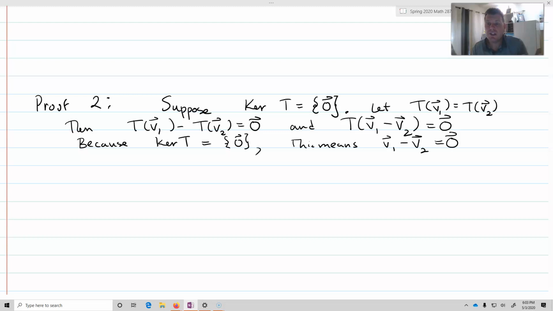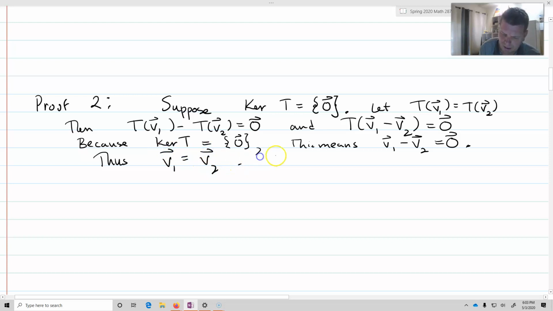So what's the upshot of that? Thus v1 equals v2, and that's our definition. We started out with T of v1 equals T of v2, and then we showed that v1 equals v2. So T is one-to-one.